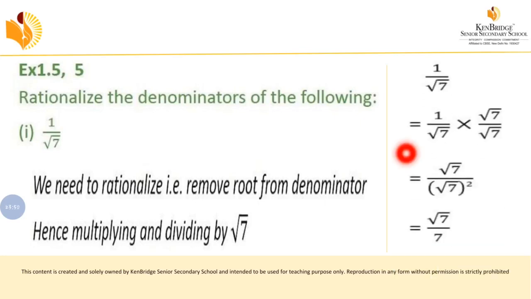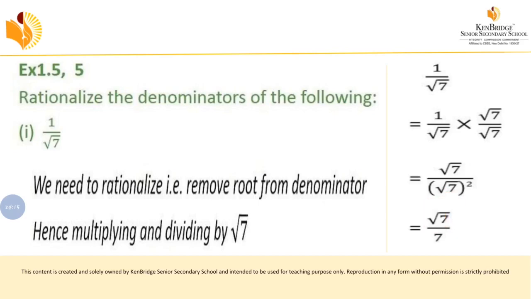Then this can be written or cannot be written, there is no marks for this. So 1 by root 7, we multiply and divide by root of 7. 1 into root 7 becomes root 7, and here we square root of 7. Once you square it, you will get the whole number, so root 7 by 7. This will be the answer for this question.